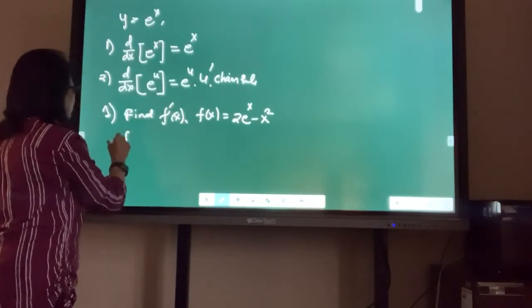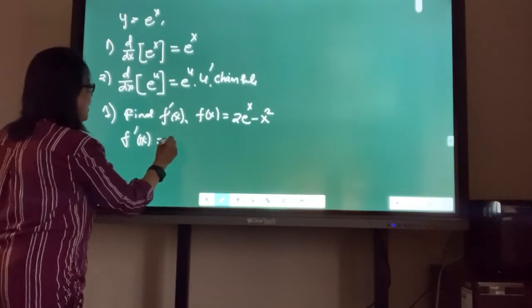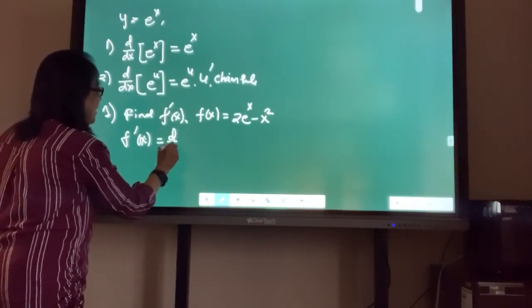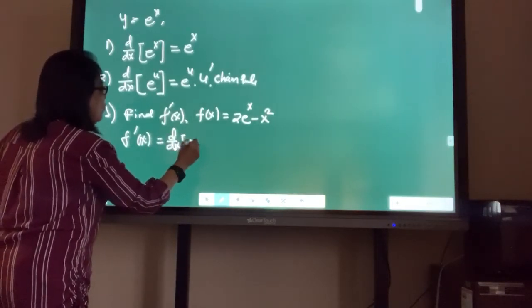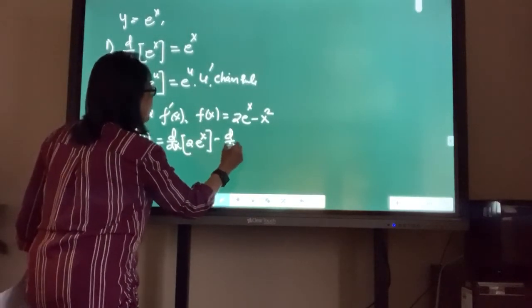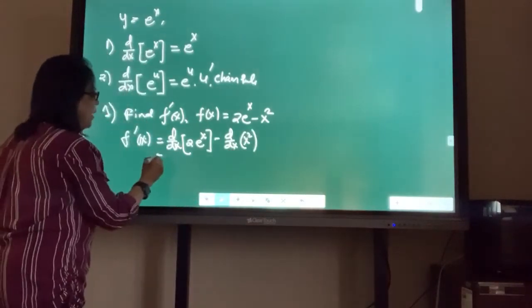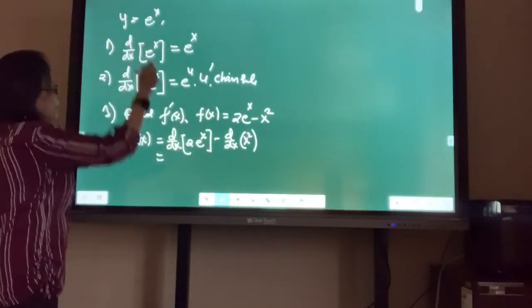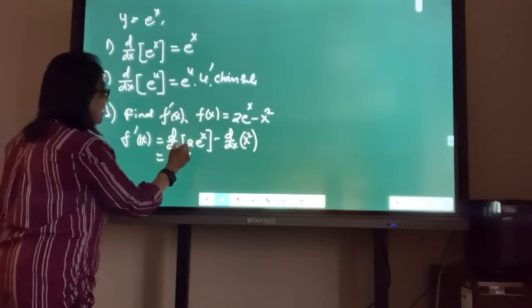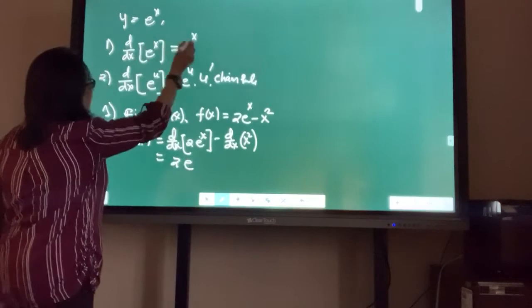So what I'm going to do is show you the derivative, which is f prime of x is d over dx of the first function, 2 e to the power x, minus d over dx of the second function, which is x squared. Now I will apply rule number one. 2 is a constant, so it remains as a constant, but the derivative of e to the x is e to the x.